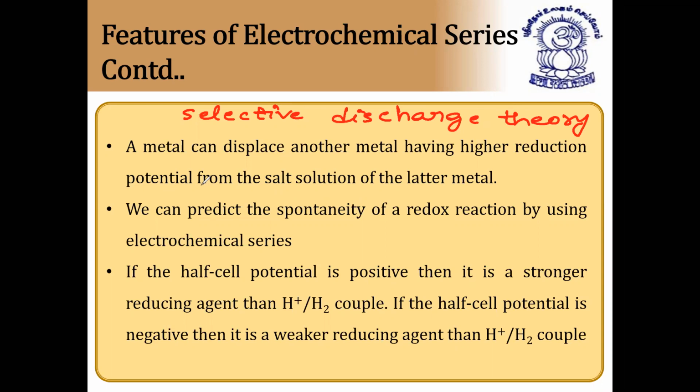For example, zinc can displace copper from its salt solution. Zinc, having higher reduction potential, can displace copper from its salt solution. But copper cannot displace zinc from its salt solution. So for example, zinc can displace copper from copper sulfate solution.